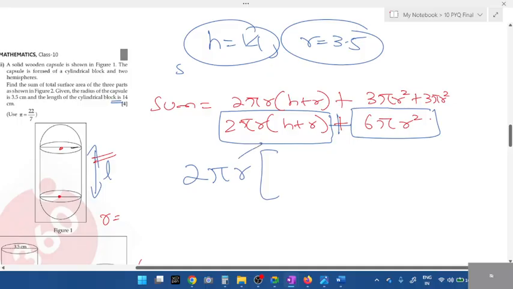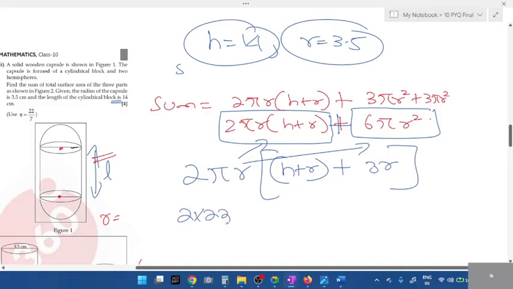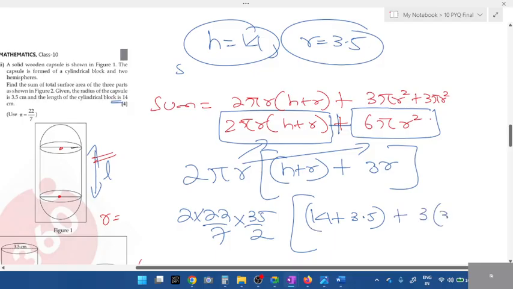You get h plus r, plus divide this with the second one, what will you get? Very good, 3r. So 2 into 22 by 7 into r value is 35 divided by 2. Keep this outside. Inside the bracket, 14 plus, what is the r value? 3.5 plus 3 into 3.5.